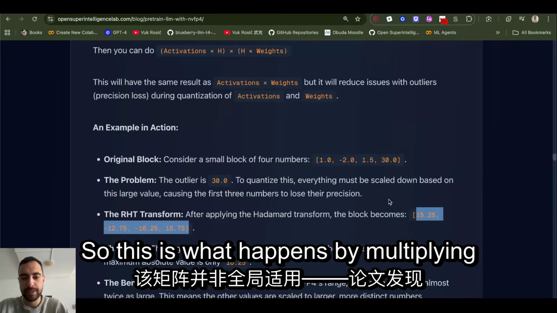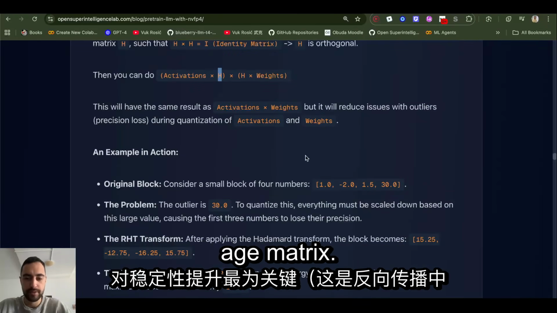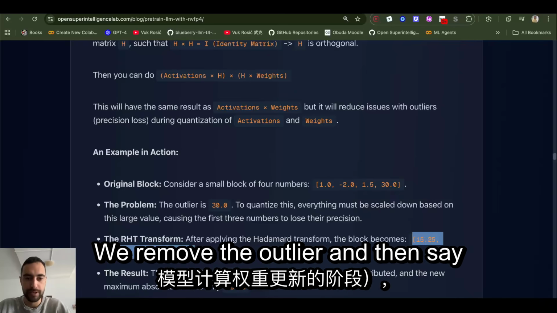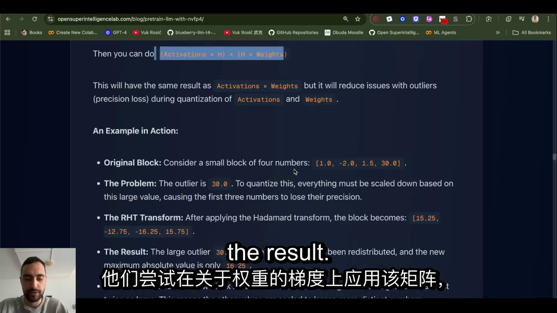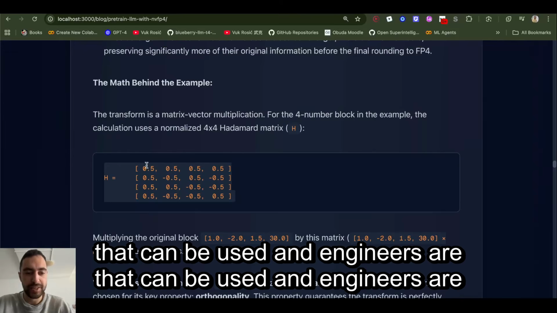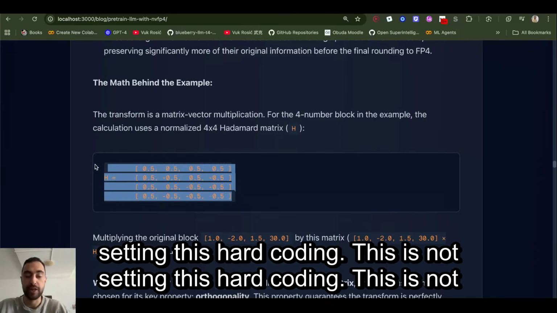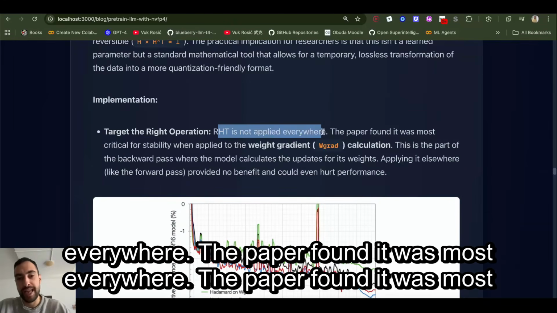So this is what happens by multiplying activations in this example with this H matrix. We remove the outlier. And then the same matrix times weights, so we don't change the result. This is an example of this matrix H that can be used, and engineers are hard coding this. This is not learned.